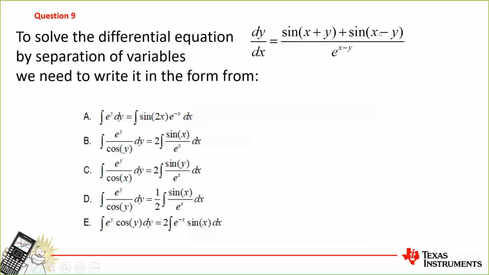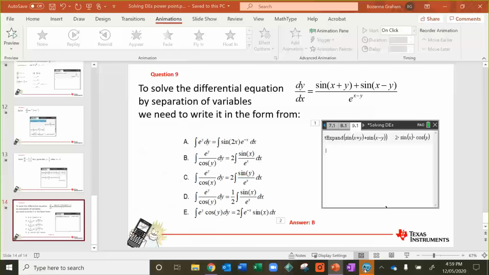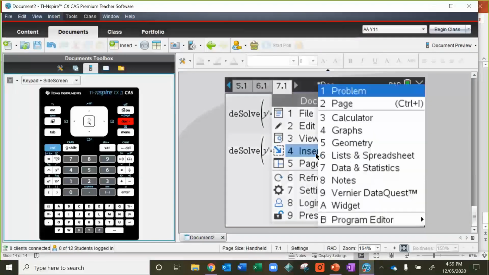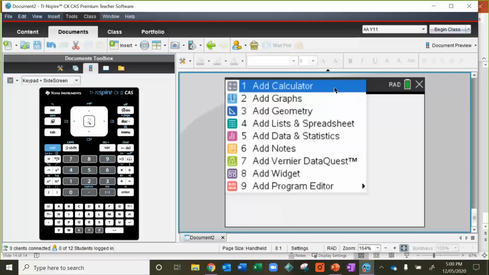Now, if we look at the numerator of this fraction, it's quite complicated, but remember it's multiple choice. So we actually have a calculator.